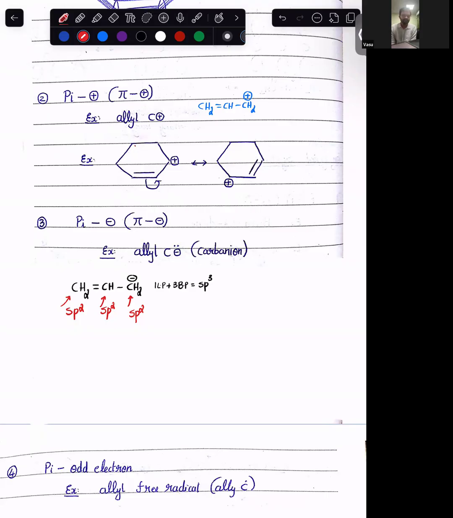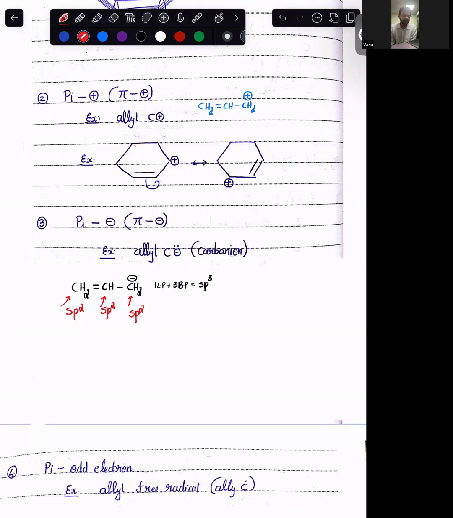If you are keeping it sp3, you will have the negative charge or lone pair with the other bond pairs at an angle of 109.5 degrees, or greater, since lone pair-bond pair repulsions are greater.